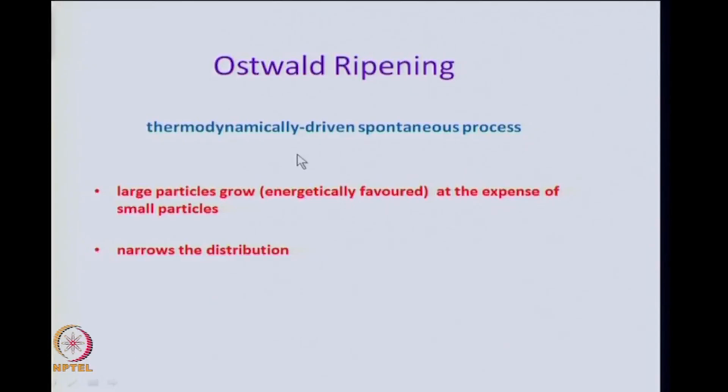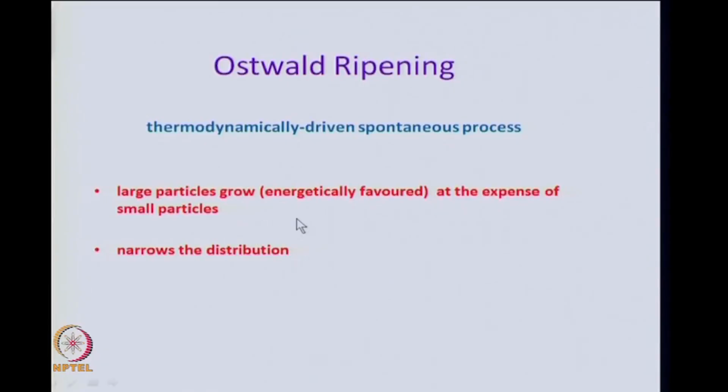Spontaneously, whenever there is growth, it happens through the Ostwald ripening process, since it is defined by thermodynamics. Energetically you will have growth of larger particles, and fewer smaller particles will stay until you reach equilibrium.